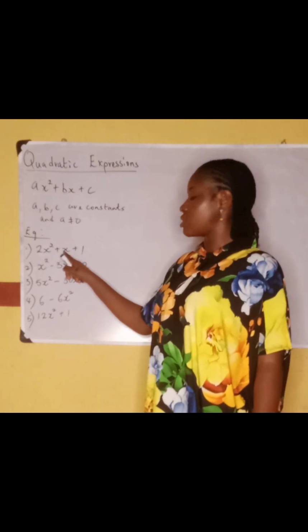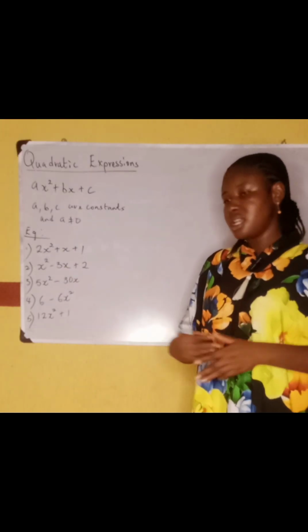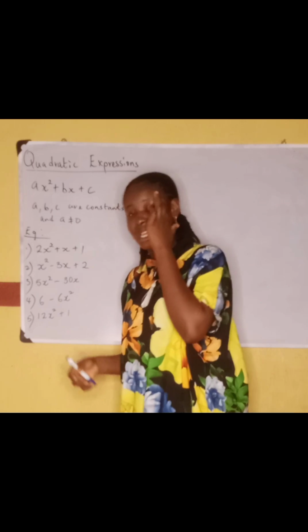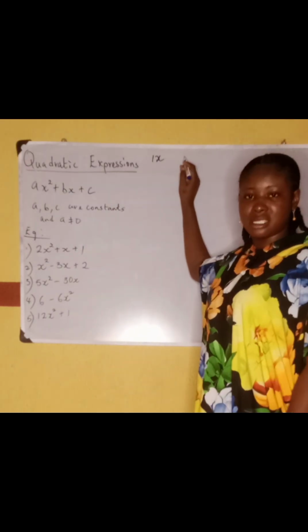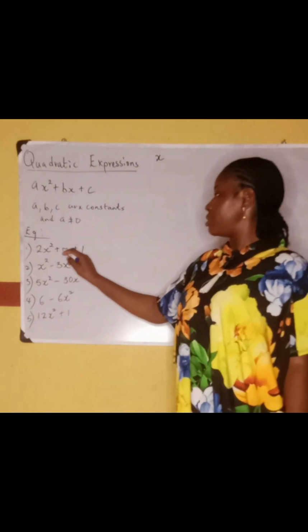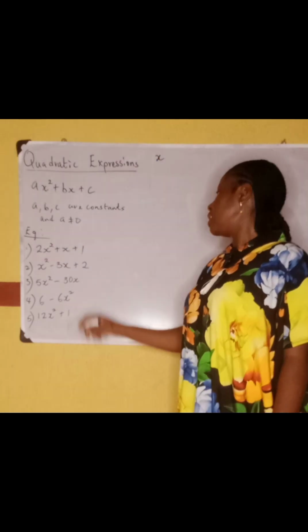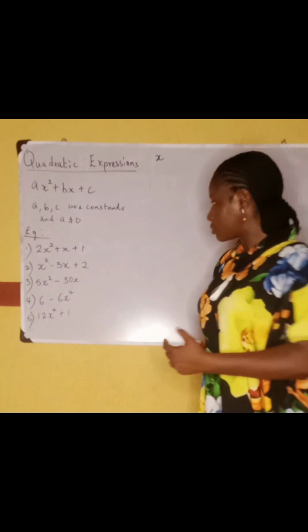B is the number attached to s. But if you observe, there is no visible number attached to s. It's not as if there is no number there. There's a number there, that's 1. Remember, we don't write 1s in mathematics. We just say s. So that means there's an invisible 1 there. And then the number standing on its own is 1. That means it's our c.